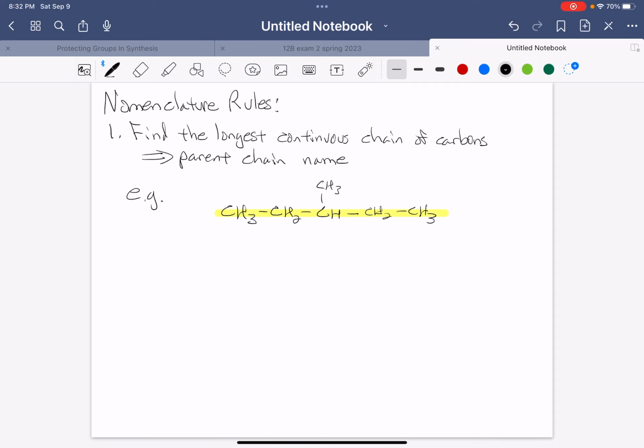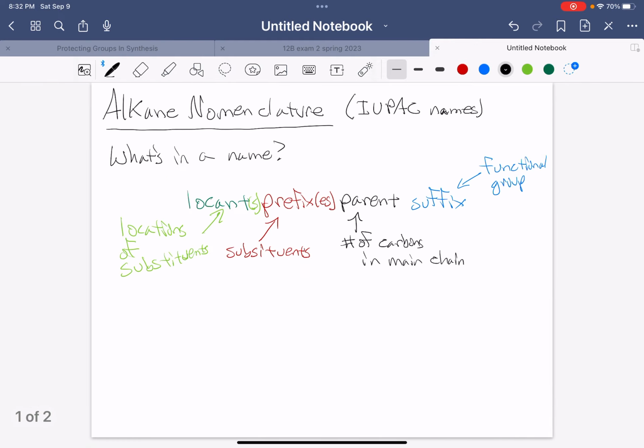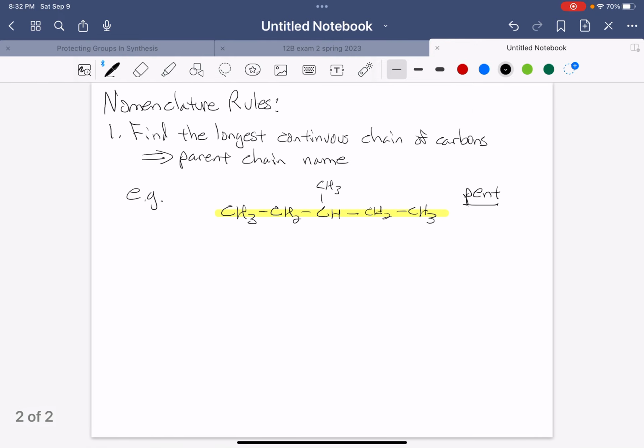So with 5 carbons, this is pent for our root. Now we already know, since we're dealing with alkanes, our suffix is going to be ane. So for all of the names that we are looking at in these 2 chapters, the suffix is always going to be ane. All right, so what's the next rule?